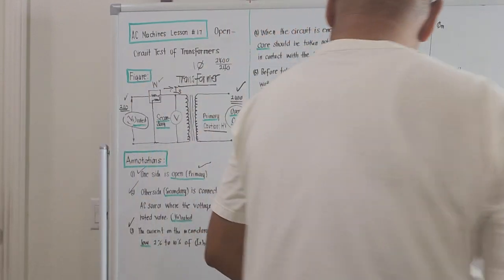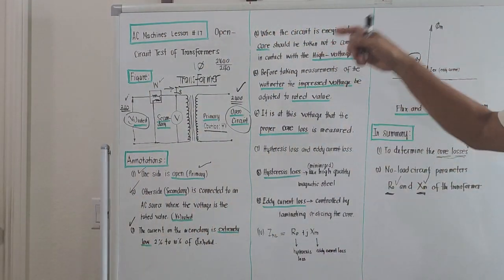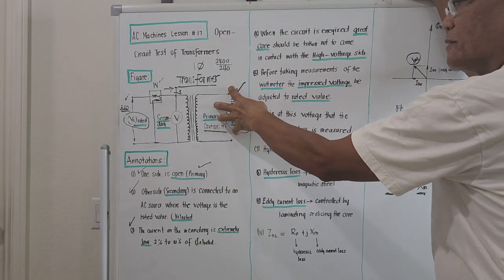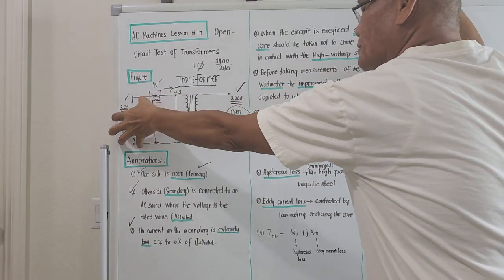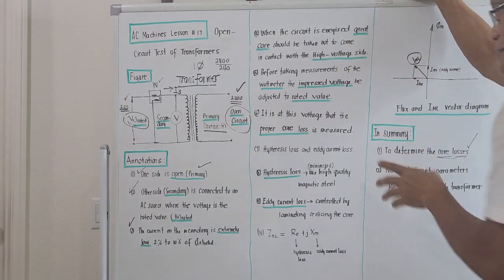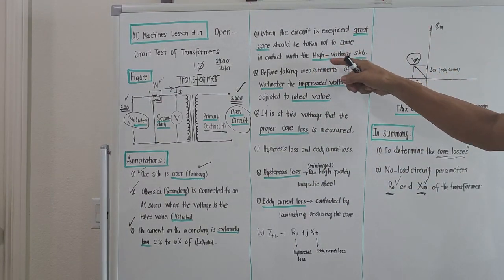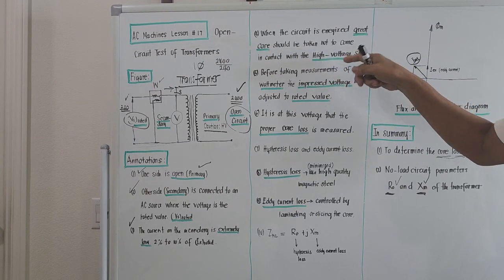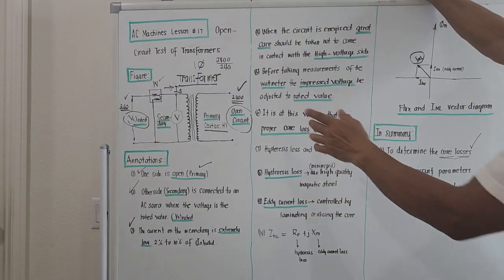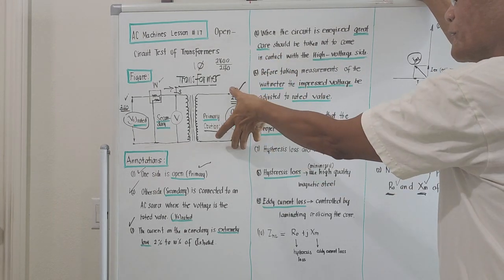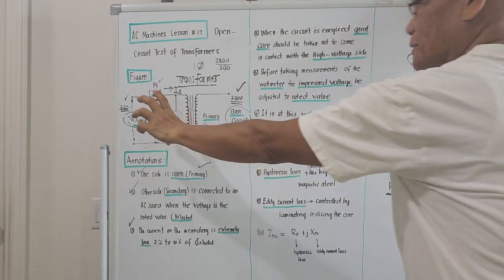Oh, this is the most important thing here. When the circuit is energized, meaning this is open, we apply the rated voltage on the secondary. Okay? Great care should be taken not to come in contact with the high voltage side. High voltage side meaning, because if this is a voltage rating of 2400 and 240, this should be the rating 2400 and this is 240, right?